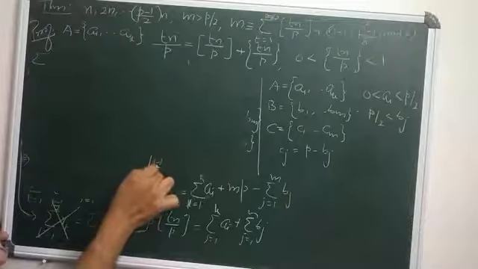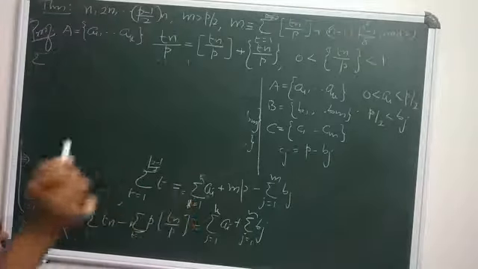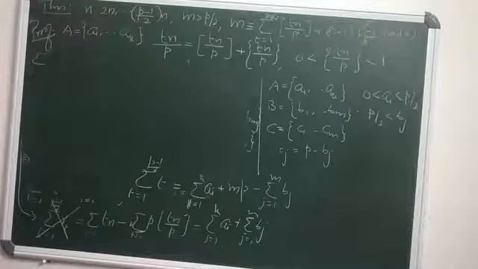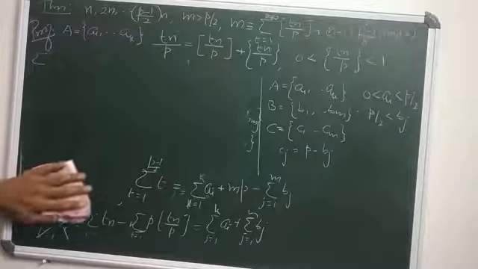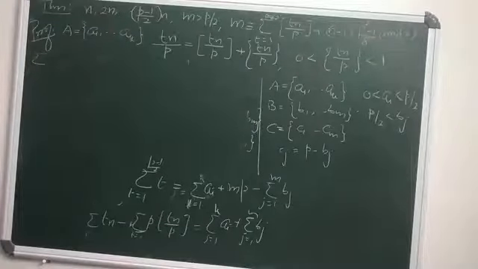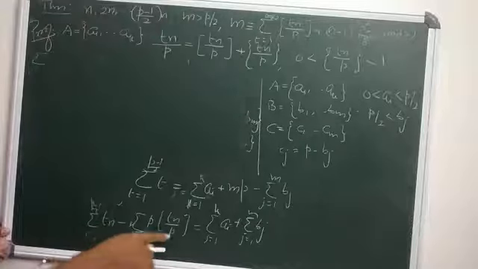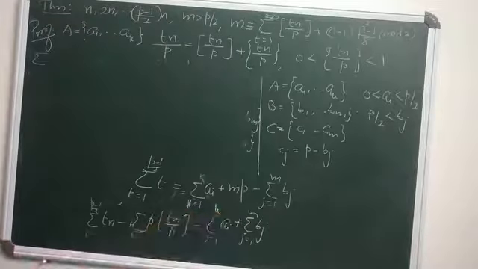Next equation: sigma T ranges from 1 to (P minus 1) by 2 of T equals sigma I ranges from 1 to K of Ai plus MP minus sigma J ranges from 1 to M of Bj, and sigma T ranges from 1 to (P minus 1) by 2 of Tn minus this one equals this one. You can add vertically. What do you get?